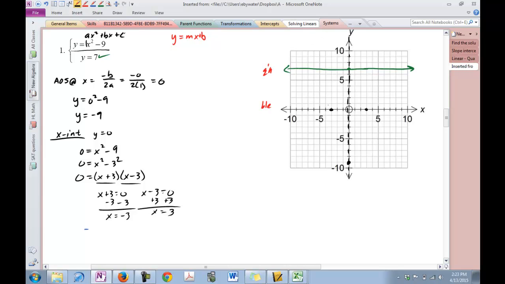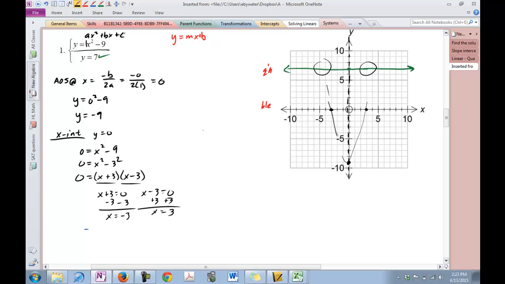Should look something like this, right? And I kind of sketch it in. It should look something like that, which means I expect it to cross the graph somewhere up here, right? And somewhere up here. So somewhere around x equals 4 or 5. Okay, so I'm going to go ahead and put that in. I could just as easily put in a 1 or 2, but that would give me points down here, which really don't help with my intersections.